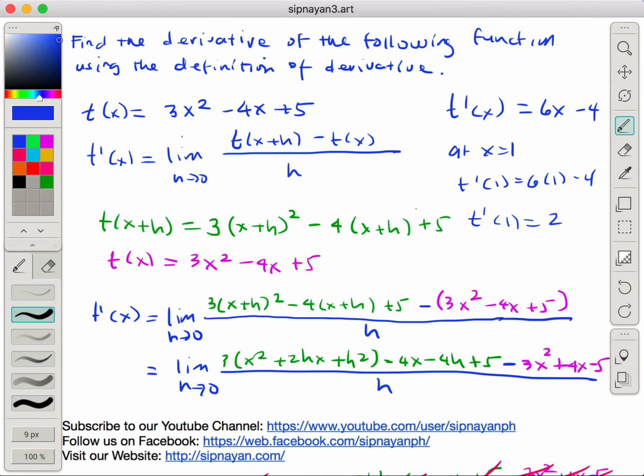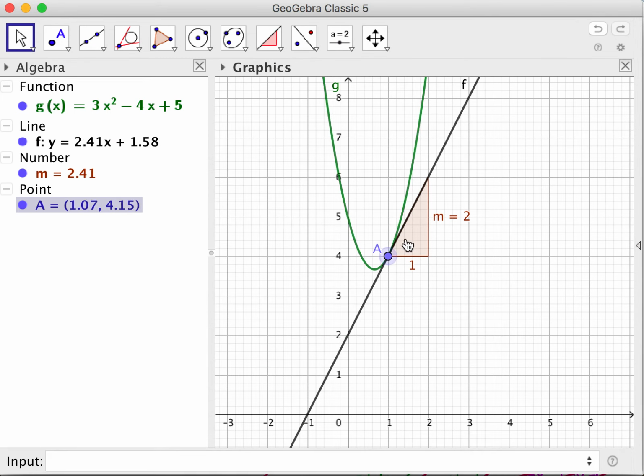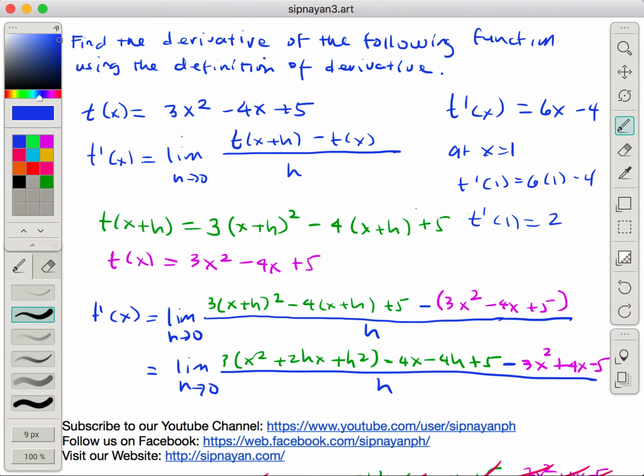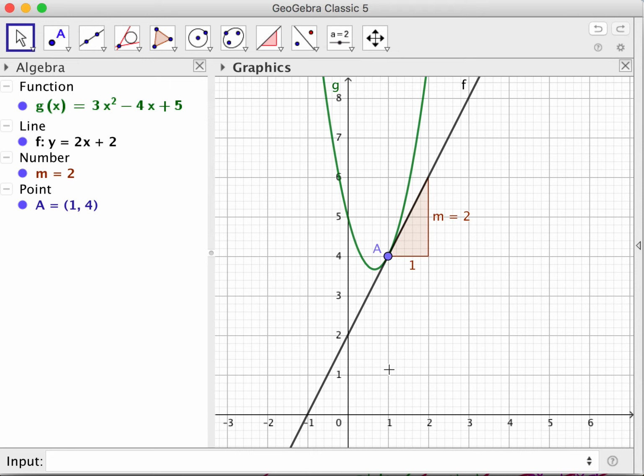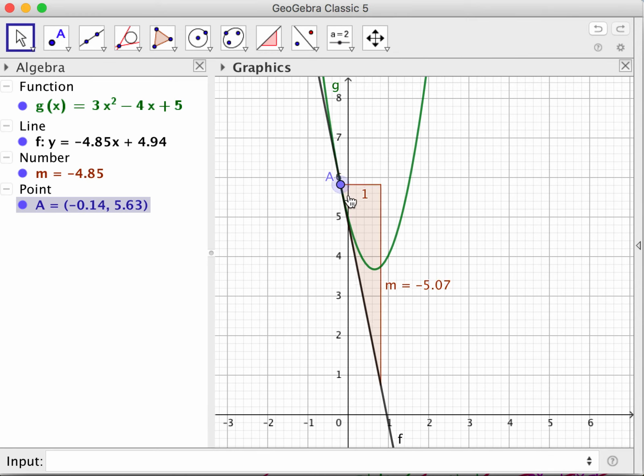So at x equals 1, the slope is equal to 2. Correct? That is what it means. Of course, at other values of x, the slope is different.